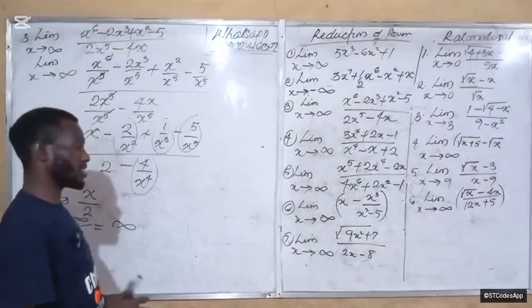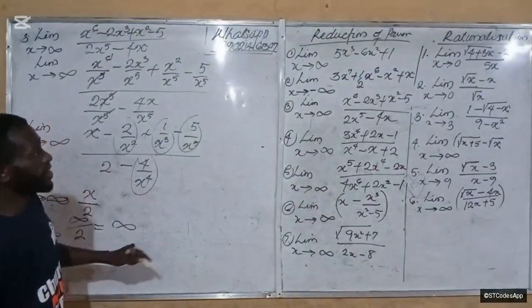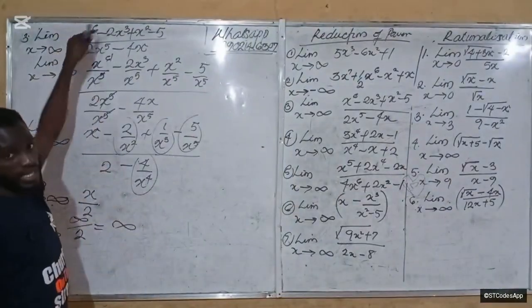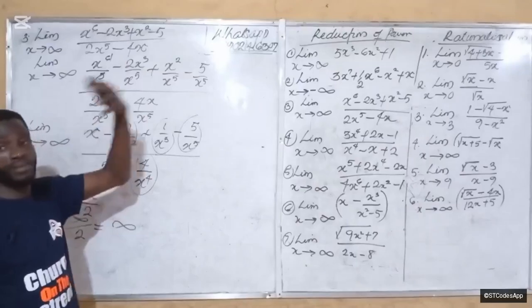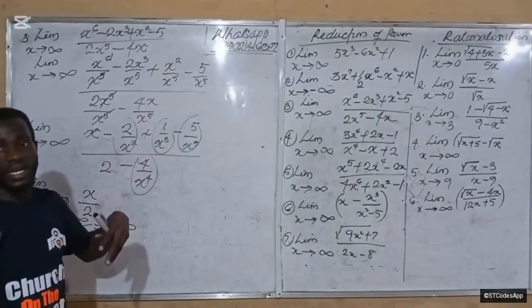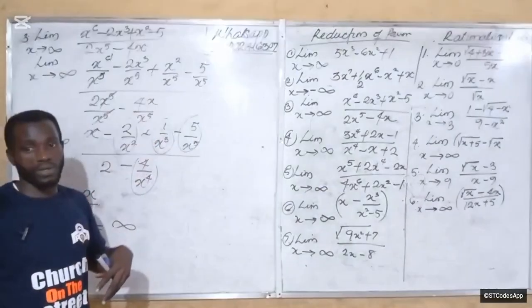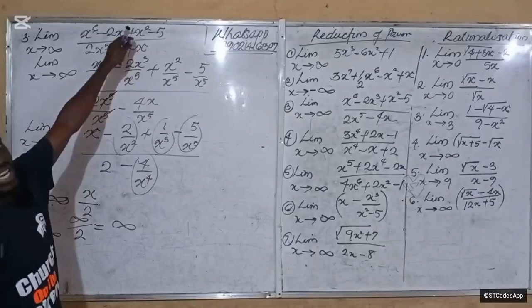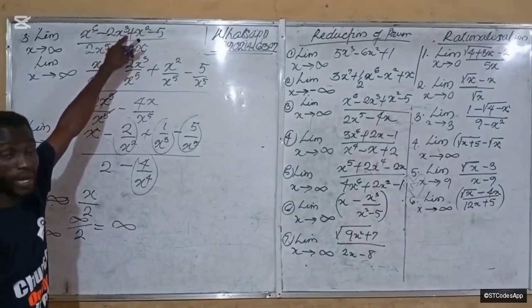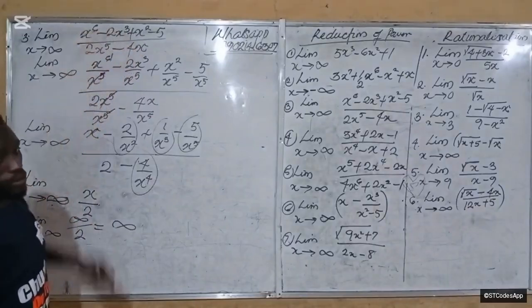So here is the brainer. The trick is this. Whenever you have an expression like this, the numerator has a higher value, a higher power than the denominator.